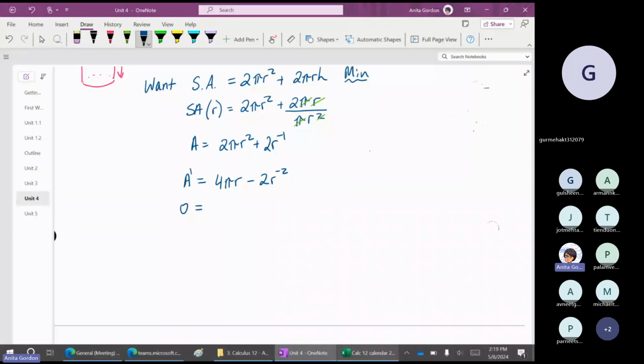If I get this to 0, and let's, oh, you can factor out an R. What an idea. Smart.